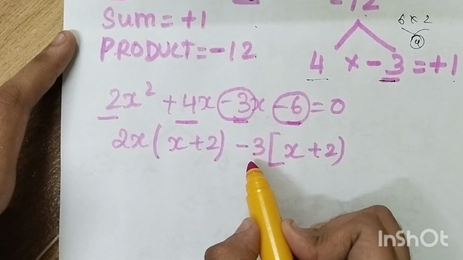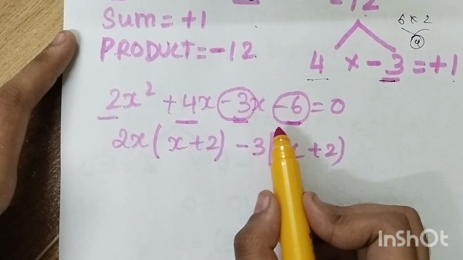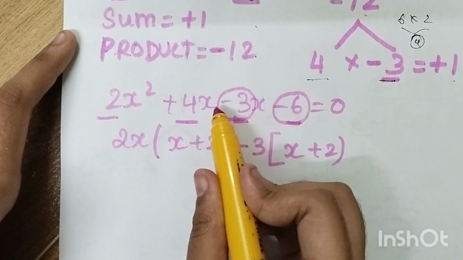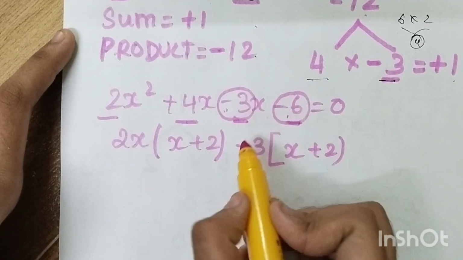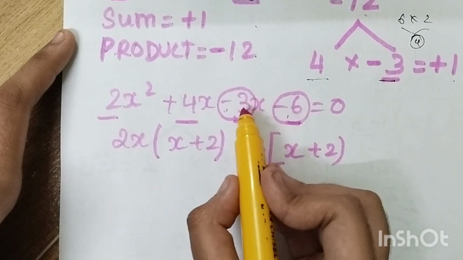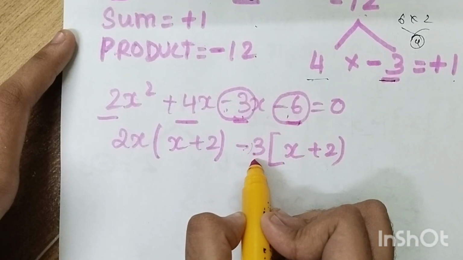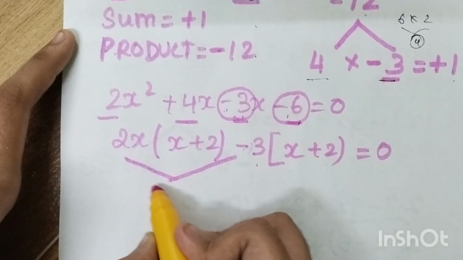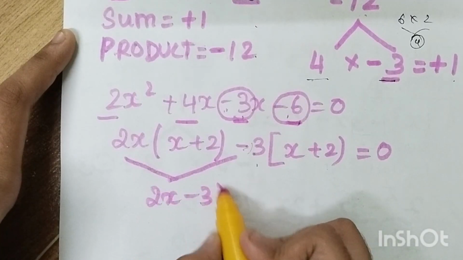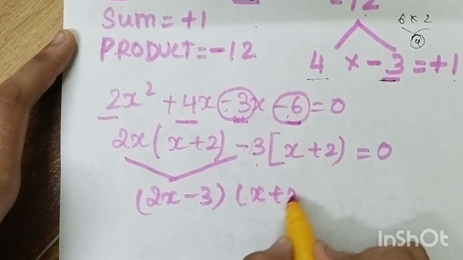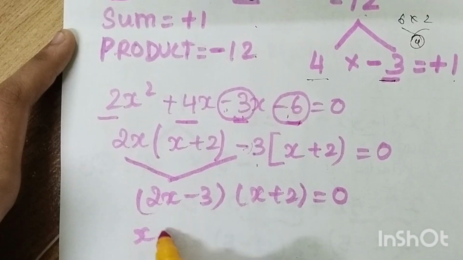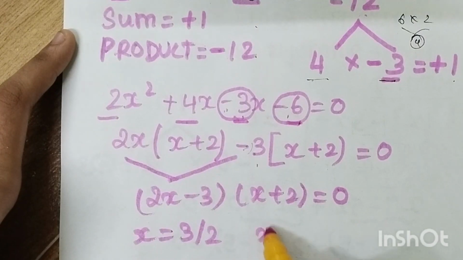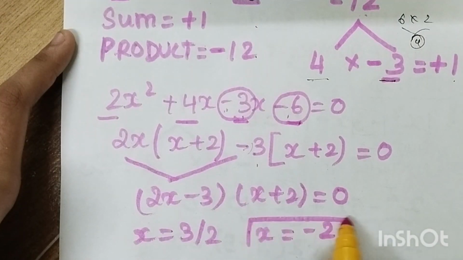Both are divisible in the minus 3 table, right? So I took the sign also common out. Both minus, minus. So I took the minus sign common out. And 3 and 6 are divisible in the 3 table. Okay. Now it is equated to 0. So 2x minus 3 and then x plus 2 is equal to 0. So x is equal to 3 by 2. And x is equal to minus 2 on equating.